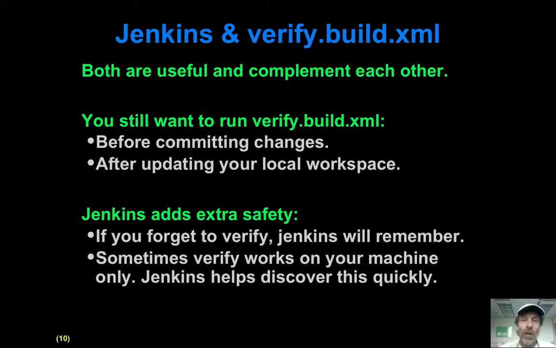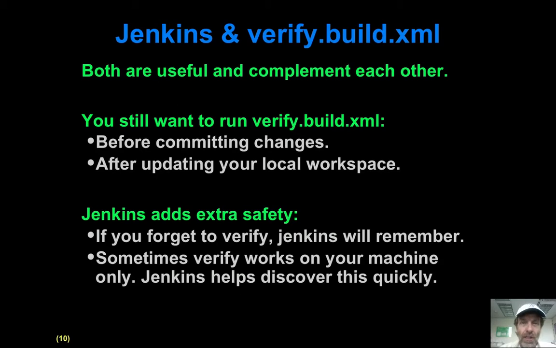What Jenkins is great at detecting is the following situation, which is all too common. You're working on your system, you add a new class, you document it correctly, you have the test cases, everything's great.